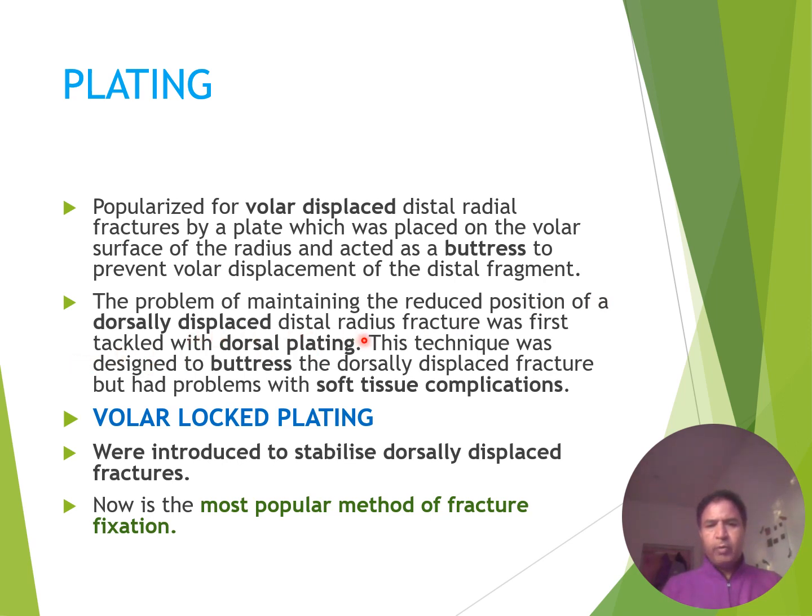The problem of maintaining the reduced position of the dorsally displaced distal fracture was first tackled with dorsal plating. The technique was designed to buttress the dorsally displaced fracture but had problems with soft tissue complications. Volar locked plating was introduced to stabilize dorsally displaced fractures. Now it is the most popular method of fracture fixation.